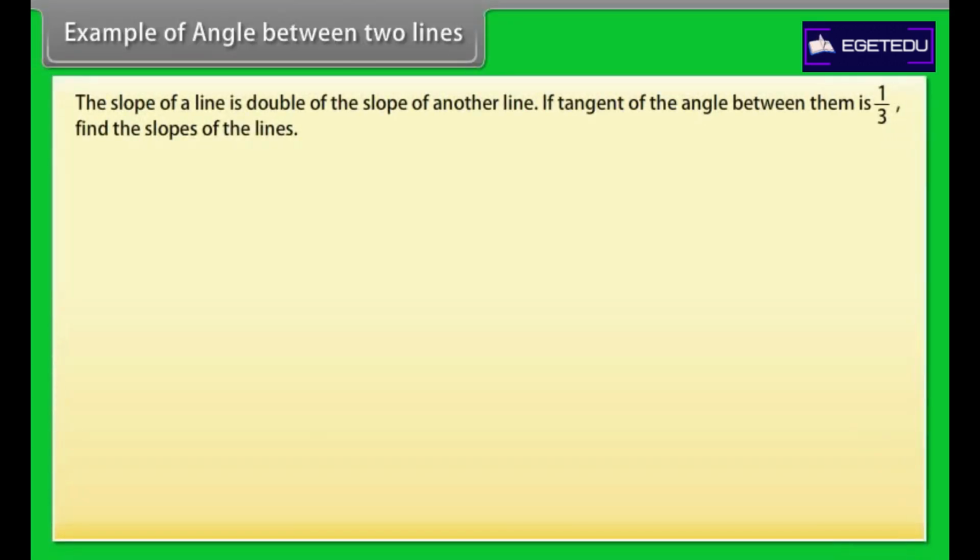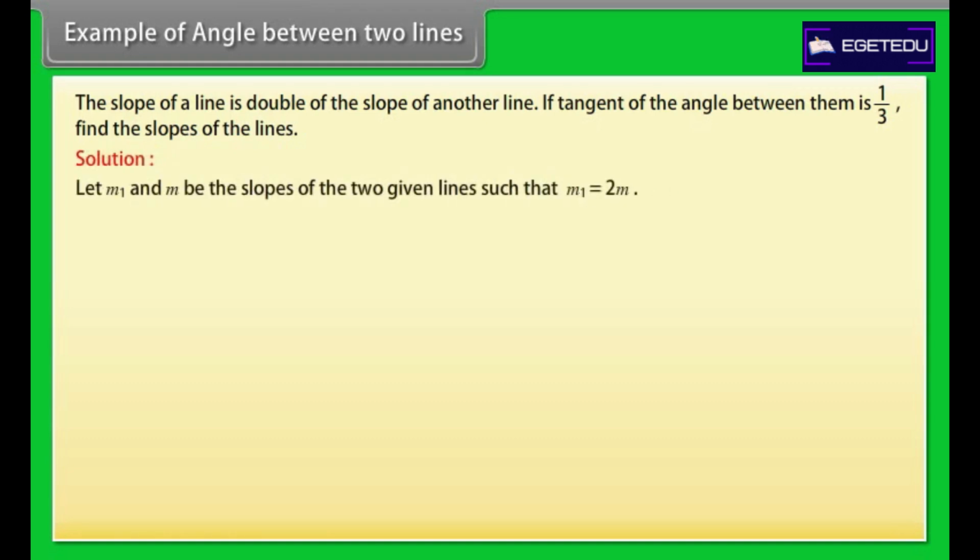Example of angle between two lines. The slope of a line is double the slope of another line. If tangent of the angle between them is 1/3, find the slopes of the lines. Solution. Let m1 and m be the slopes of the two given lines such that m1 = 2m.